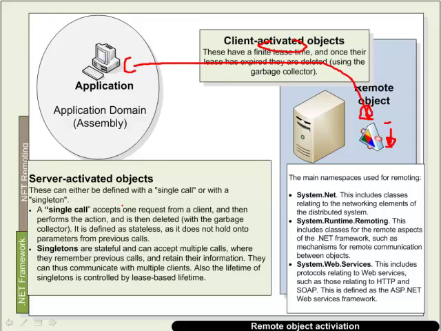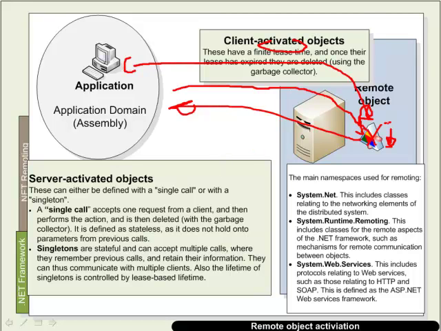For server activated objects, we can have two different types. A single call is where our local assembly calls the remote object, invokes it, makes the request, and then when the request is finished, the object is automatically deleted.